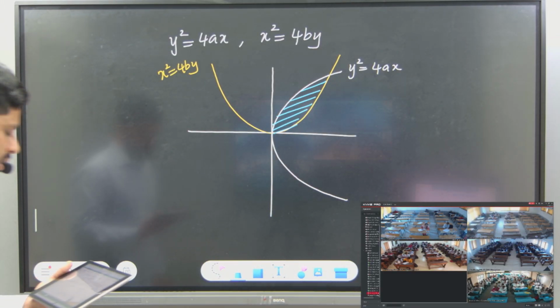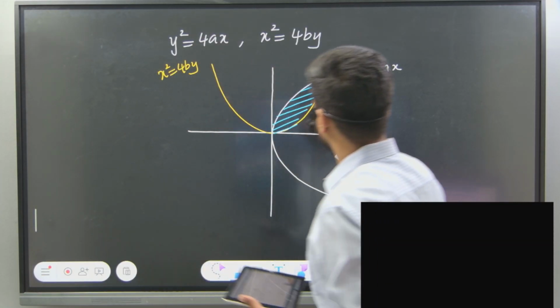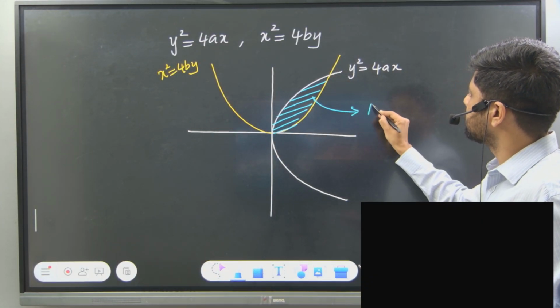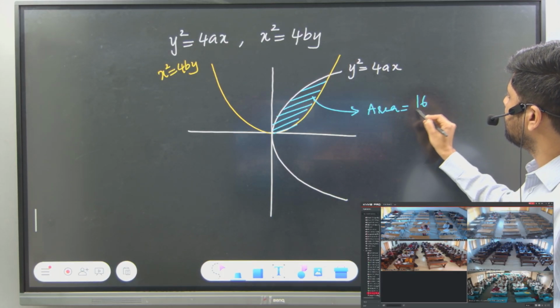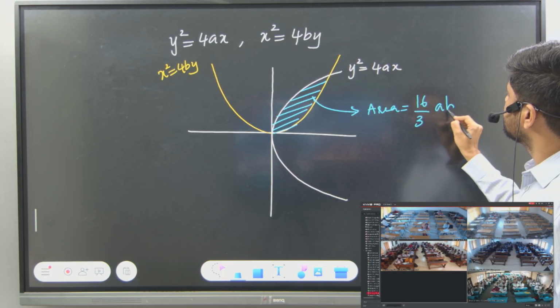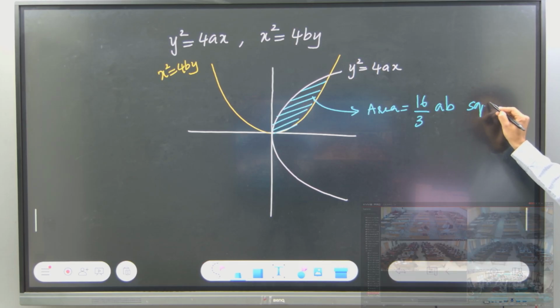Again, the direct formula is this: the area is going to be 16 by 3 AB. You have to find out A, you have to find out B. That many square units.